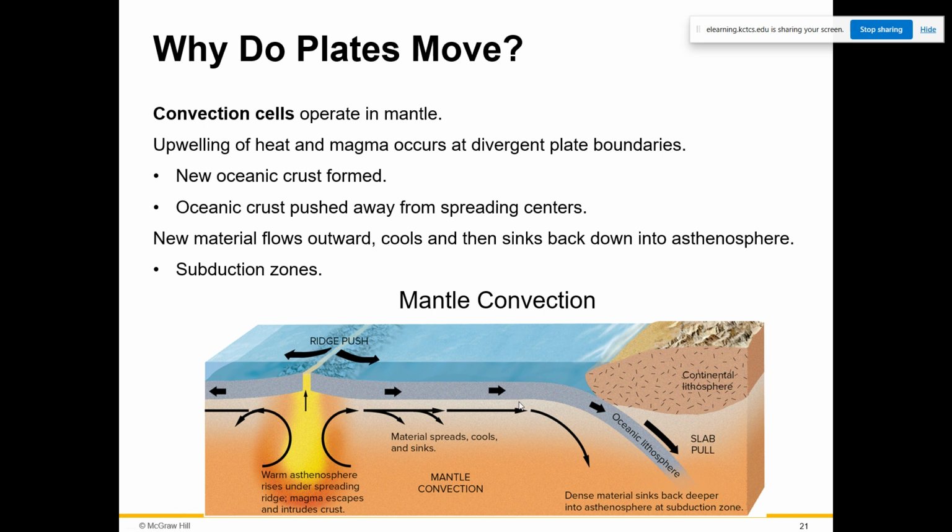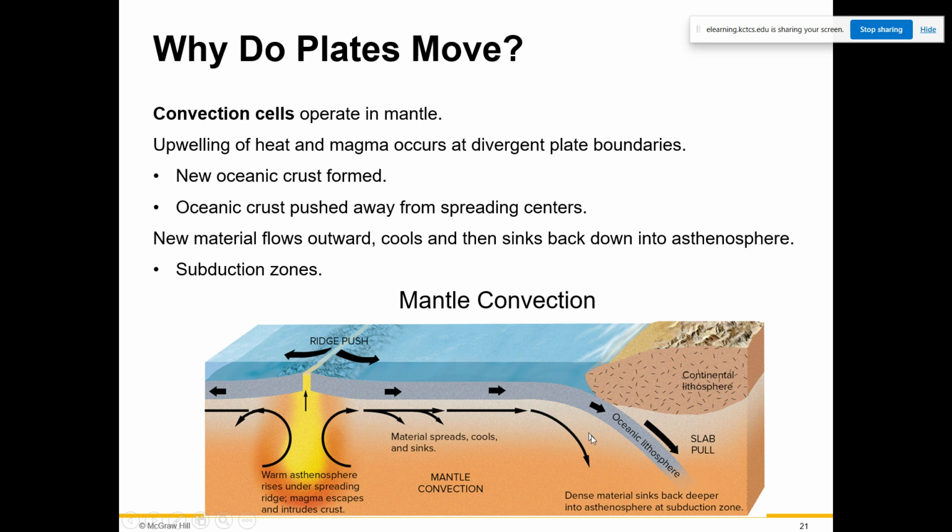Let's see. So what causes them to move? Convection cells in the mantle. This is your lava lamp example. So as you heat up that lava lamp material or that slime or silly putty or whatever, heat rises. And so it comes up and then eventually it cools and it sinks back down.